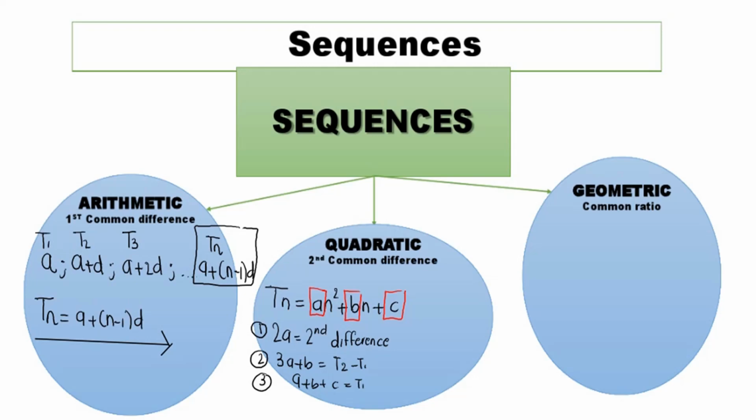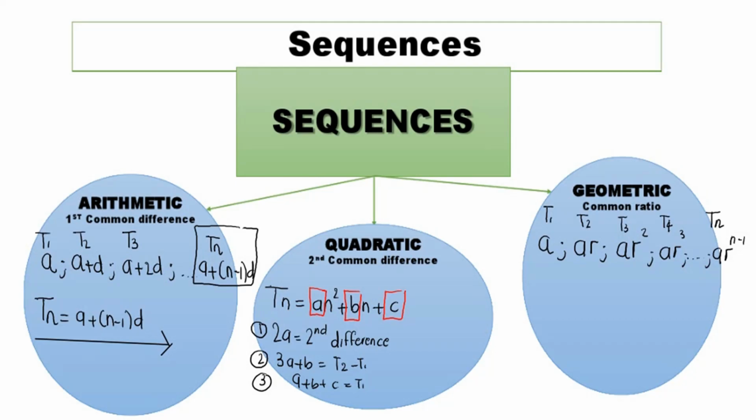You can say that your A, A times R, A times R to the power of 2, A times R to the power of 3, going all the way to A times R to the power of n minus 1, where your A is the first term, your A times R is your second term, your A times R squared is your third term, your A times R to the power of 3 is your fourth term, and your A times R to the power of n minus 1 is your nth term.